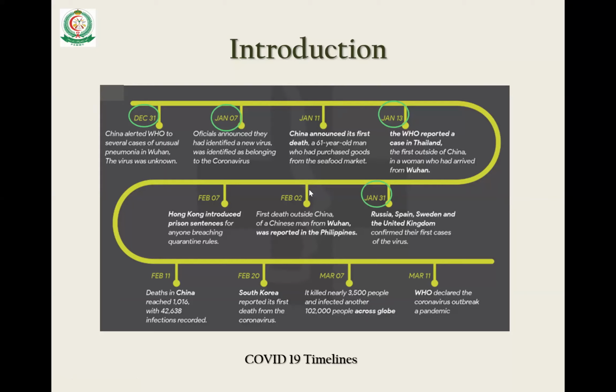So by that time, WHO declared that the outbreak is becoming an emergency of public health of international concern. Then 6 weeks later, on 11th of March, WHO declared the coronavirus outbreak as pandemic because it crossed the borders of 5 continents and affected more than 120 countries.